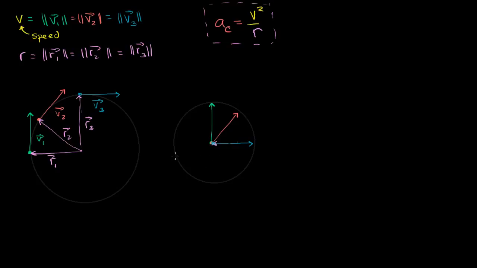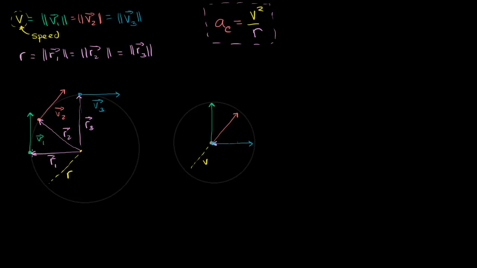And what is the radius of this circle going to be right over here? Well, the radius of this circle is going to be the magnitude of the velocity vectors. And we already know the magnitude of the velocity vectors is this quantity v, the scalar quantity. So the radius of this circle is v. The radius of this other circle, we already know, is equal to r.